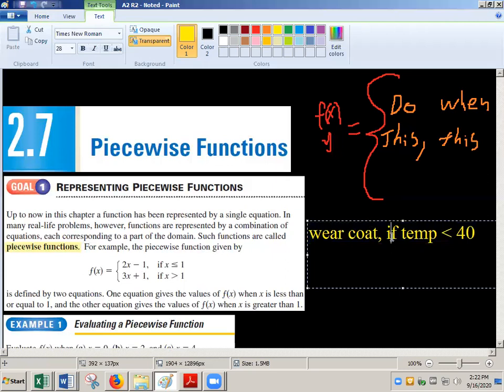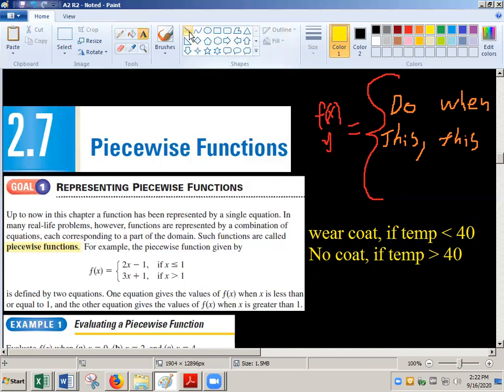Okay, so I'm going to say we wear a coat if the temp is less than 40. And I'm going to say no coat if the temp is, and now here it's just tough for me to insert the greater than or equal to, so I'll write the little line underneath. Greater than or equal to 40.